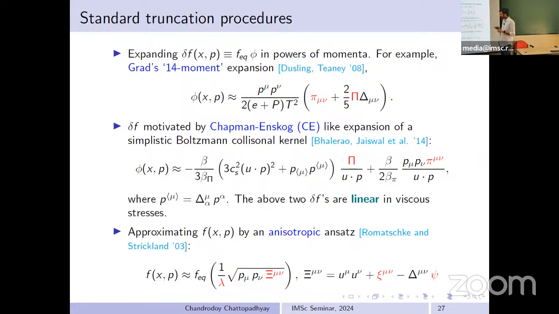But why should one force the distribution function to be of a certain form? That's based on the system in some cases.